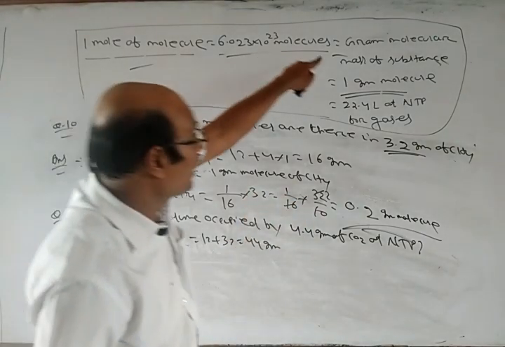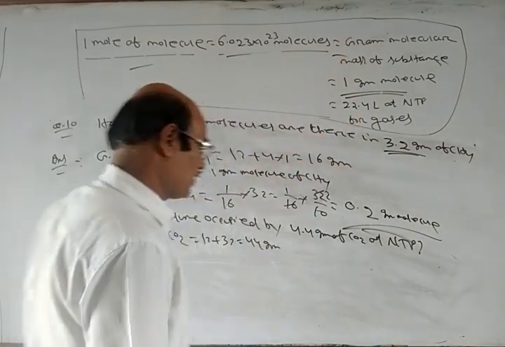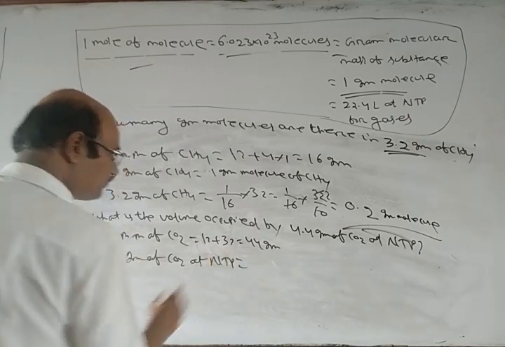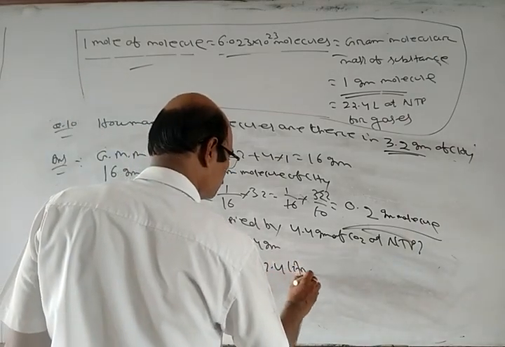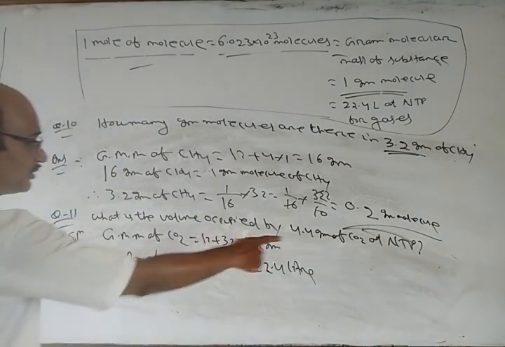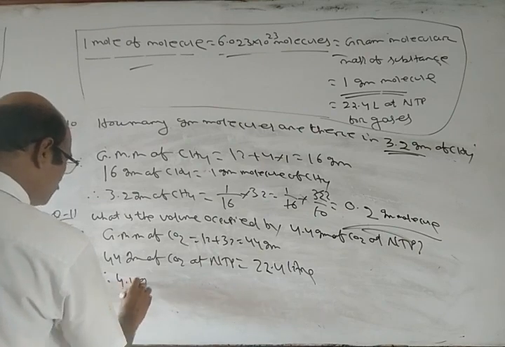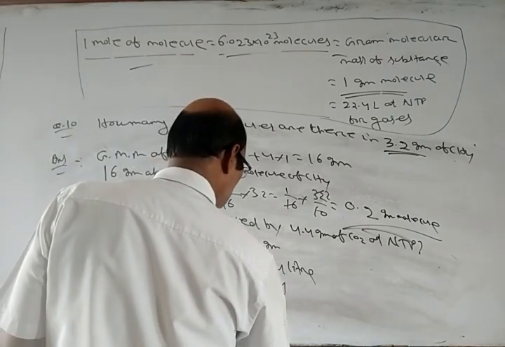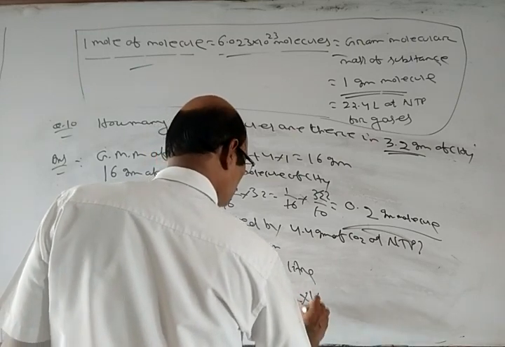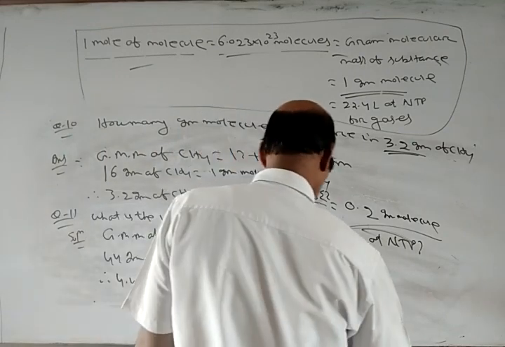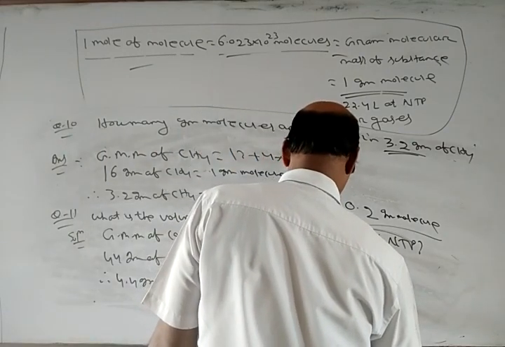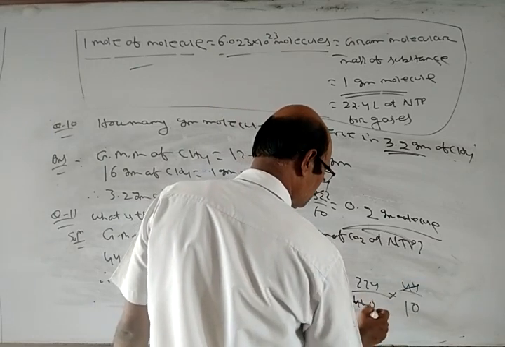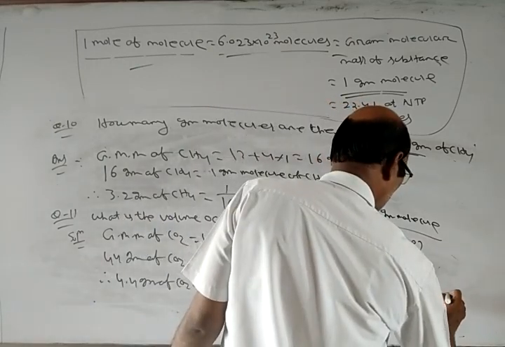Now, gram molecular mass equals 22.4 liter.